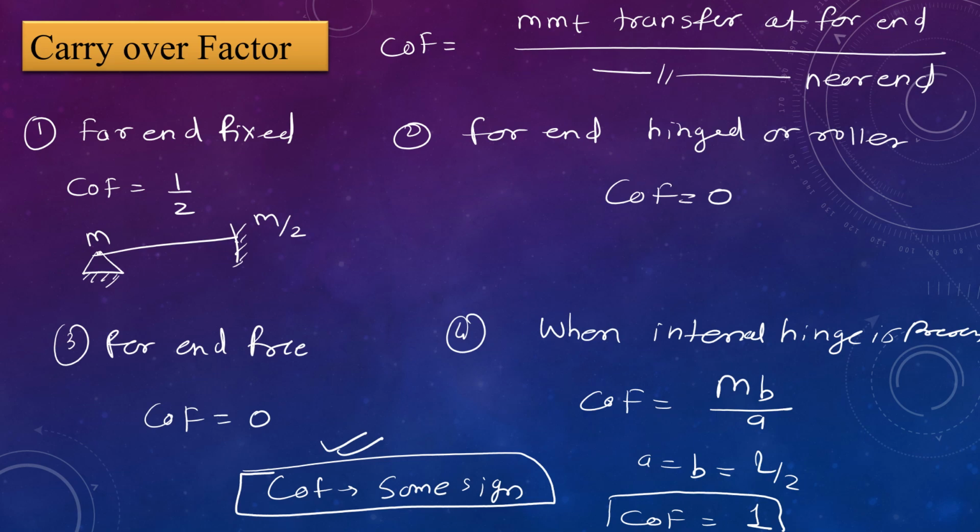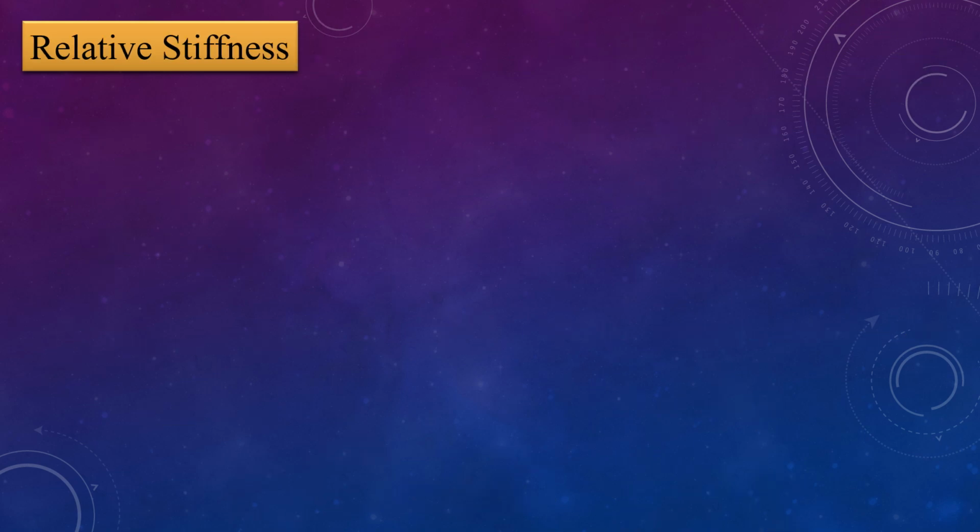The next point is relative stiffness. Relative stiffness is the stiffness divided by Young's modulus of elasticity.